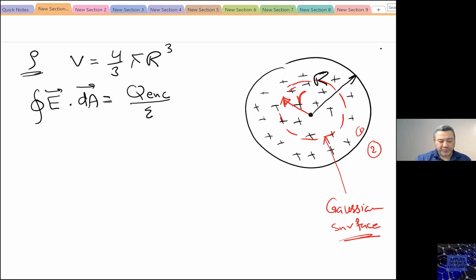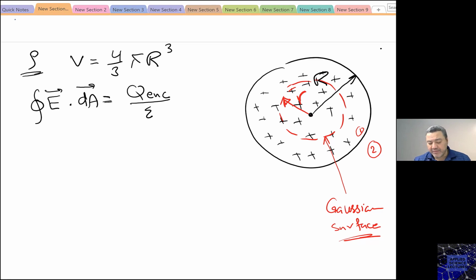Now, something you need to pay attention to is this Q enclosed. Notice that the Q enclosed is not defined as either all enclosed or all outside.